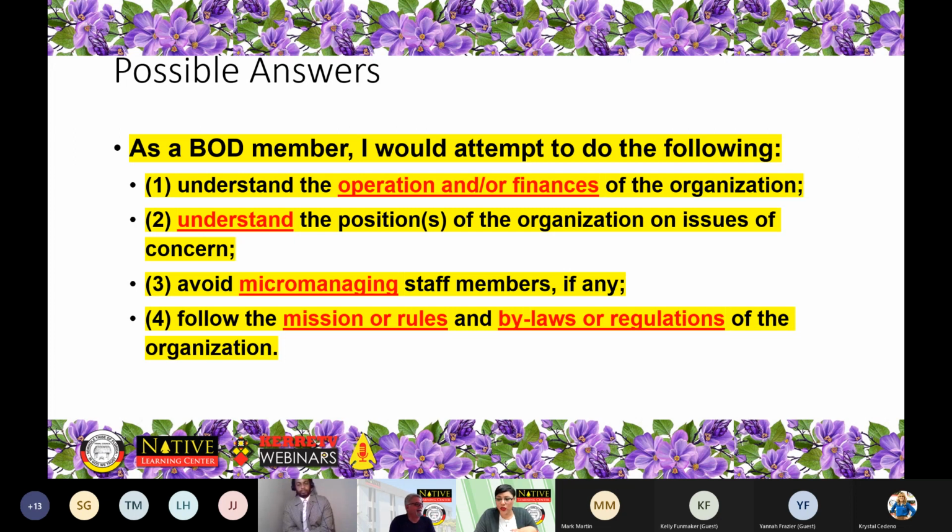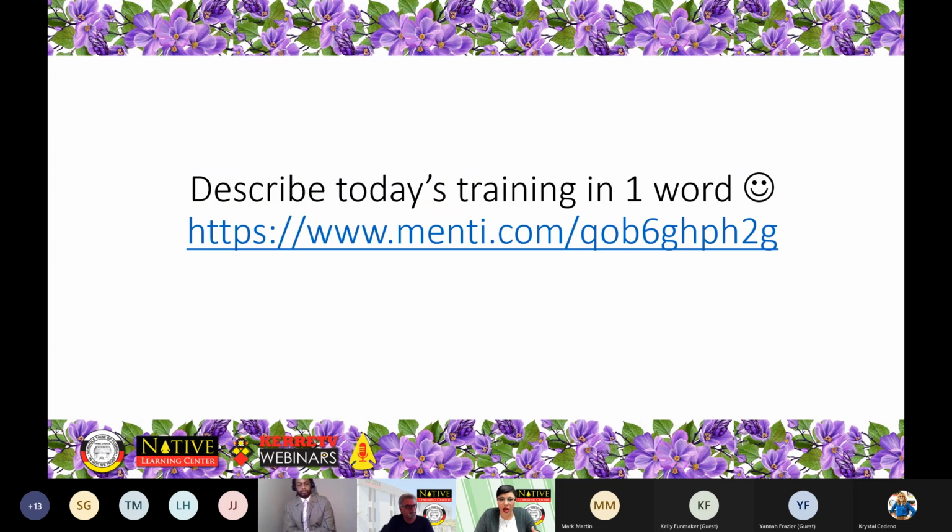Okay, so we're really wrapping up today's training. We would like to see what you think of today's training in just one word. So I'm going to plug in another Menti, which creates a very beautiful word cloud to see the overall sentiment for how we did today and how you feel about today's training.